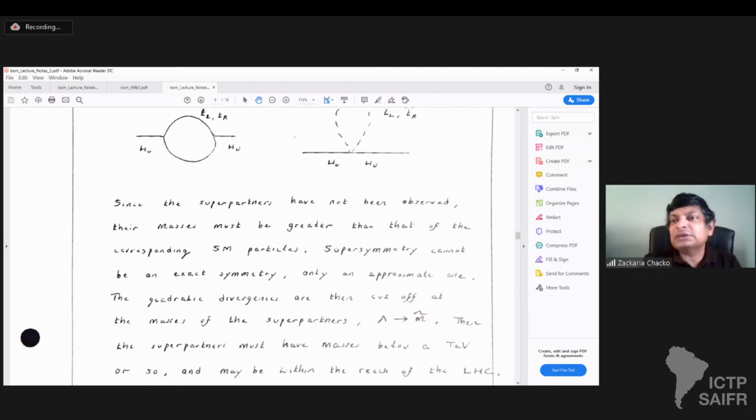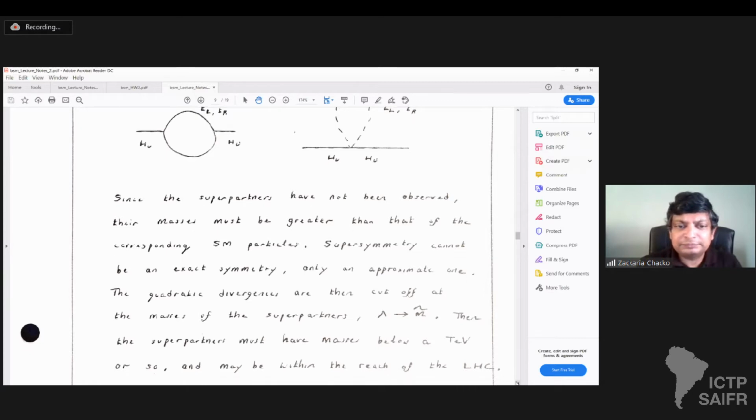There's a tuning at the level of 10% or worse. So for this cancellation to work, for the hierarchy problem to be solved, these superpartners can't be very heavy. They have to be around the TeV scale, and even better if they're lighter than that, right?